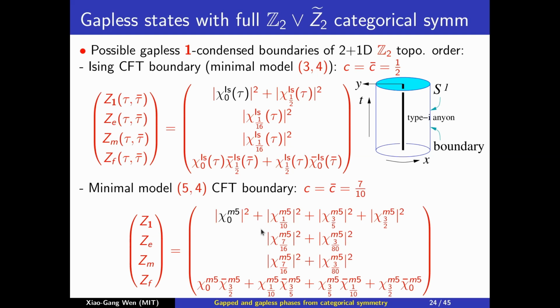So my question is, is there a way to show that the Ising is actually minimal? Yes, because 1/2 is the smallest. So there's no smaller one. But actually, I should be careful. Okay, again, thank you for the question. There are two definitions of minimal. So I use central charge to define minimal.